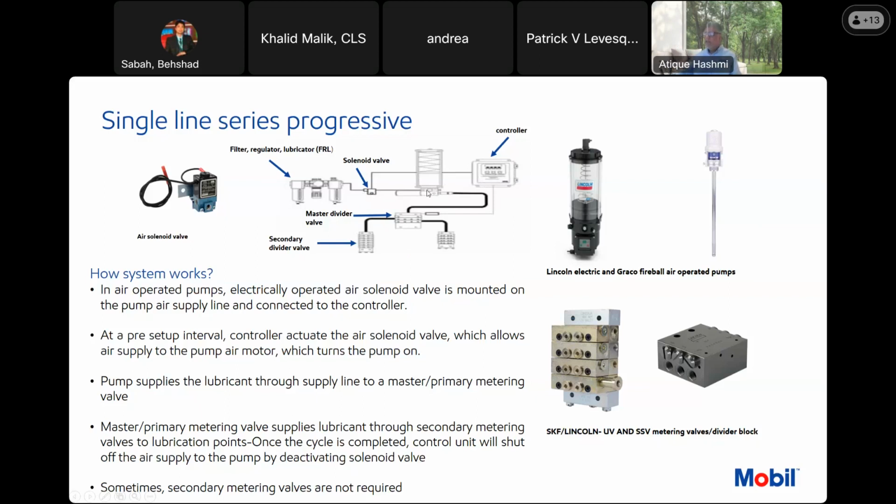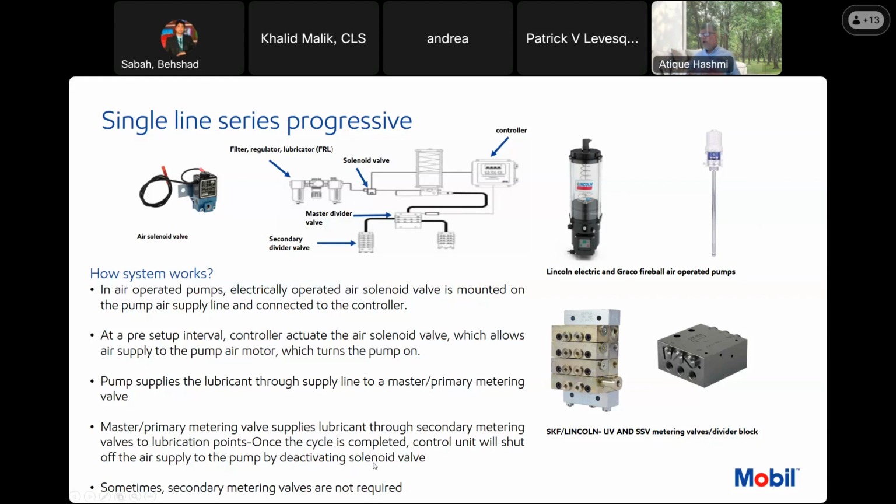It will supply grease through this supply line to this primary valve, and then this primary valve dispenses lubricant through another supply line to these secondary valves. Sorry, this is primary, this is secondary. These secondary valves will lubricate the bearing or wherever they are connected.